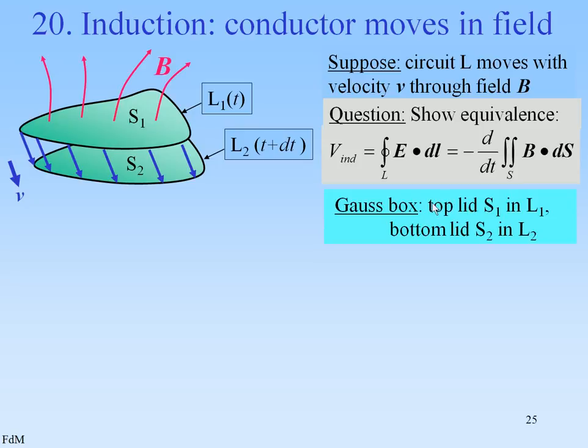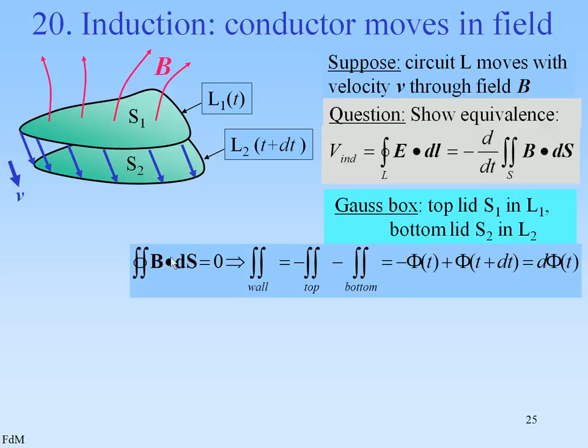To do that, we use an artificial Gauss box, and we use for the top lid the surface S1 in position L1, and for the bottom lid S2 in position L2. Then we can write Gauss, and since Gauss must be 0, the integral over the wall must be the same as minus the integral over the top and the bottom.